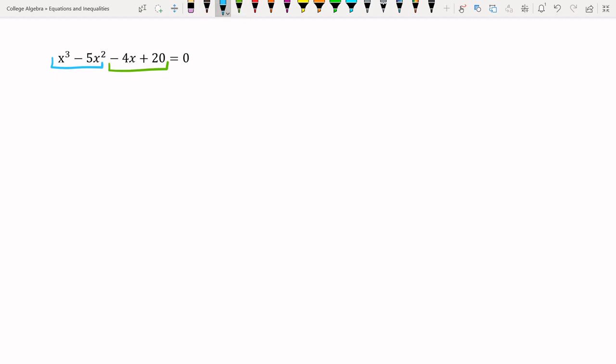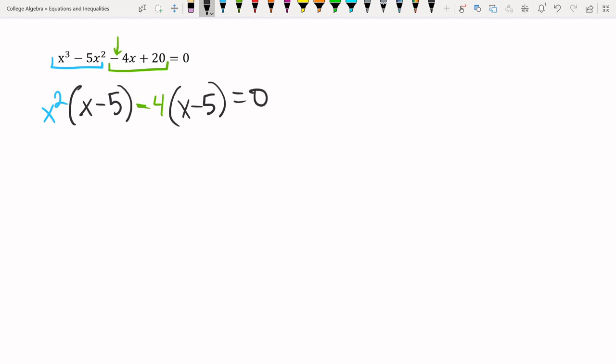What can we take out of x squared and negative 5x squared? We can take out an x squared. That leaves us with x minus 5. Now, out of negative 4x and positive 20, since we have a negative here, I'm going to take out a negative. And we can take out a negative 4 from both. That leaves us with x minus 5.